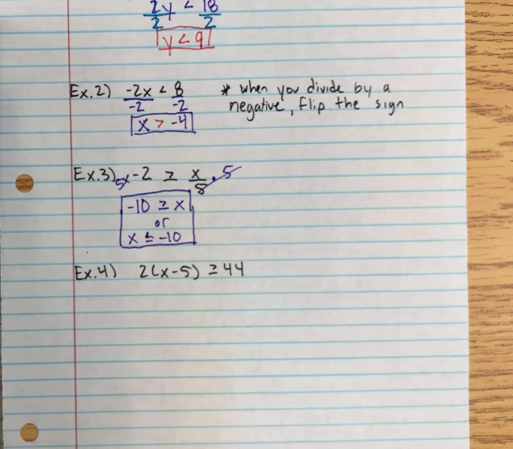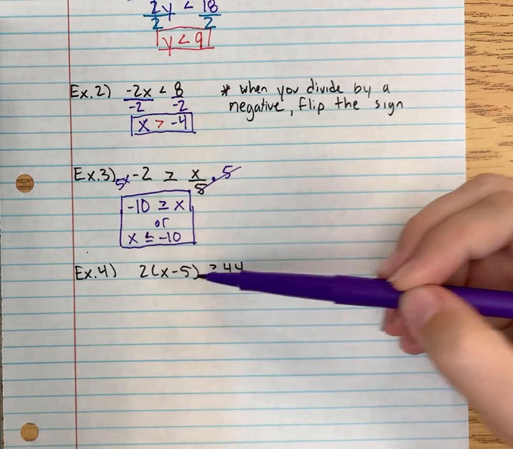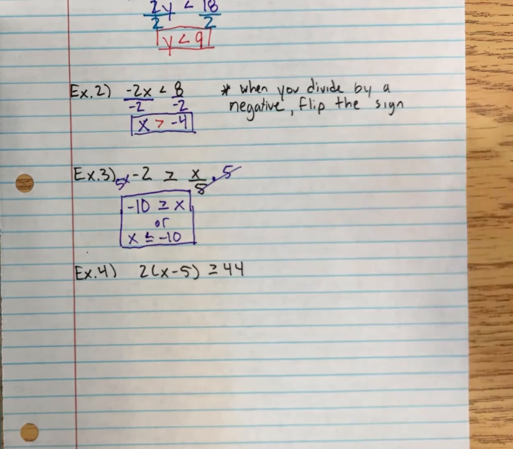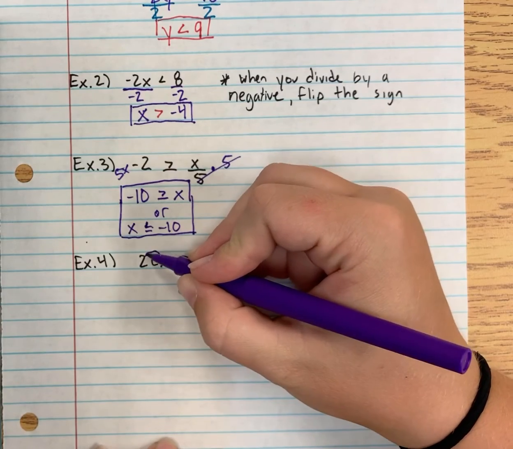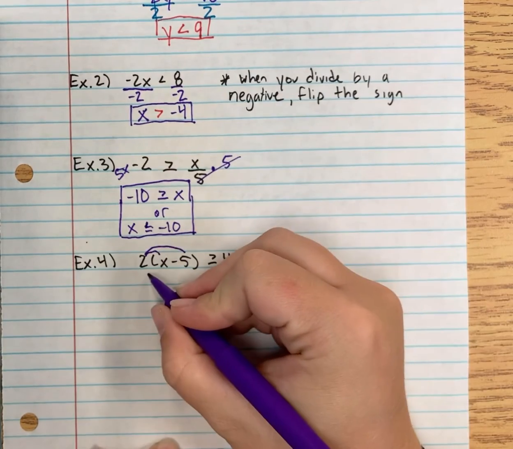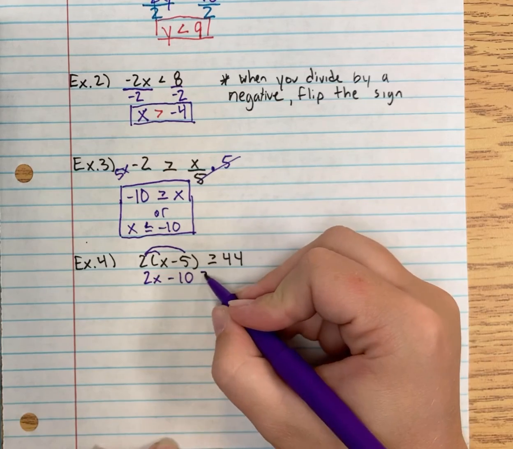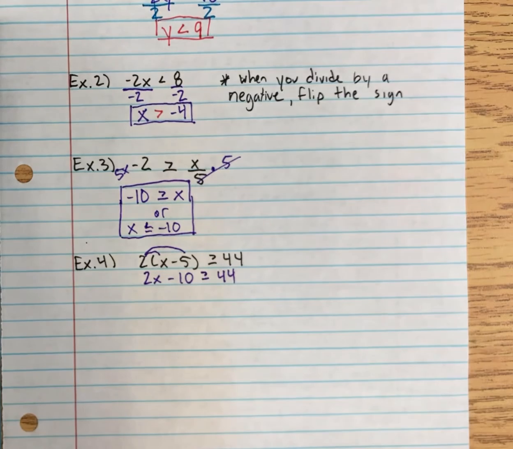Great. Last but not least, we have the following. 2 times the quantity x minus 5 is greater than or equal to 44. So what you want to do here is first distribute your 2. So you get 2x minus 10 is greater than or equal to 44. Then you want to add 10 to both sides.